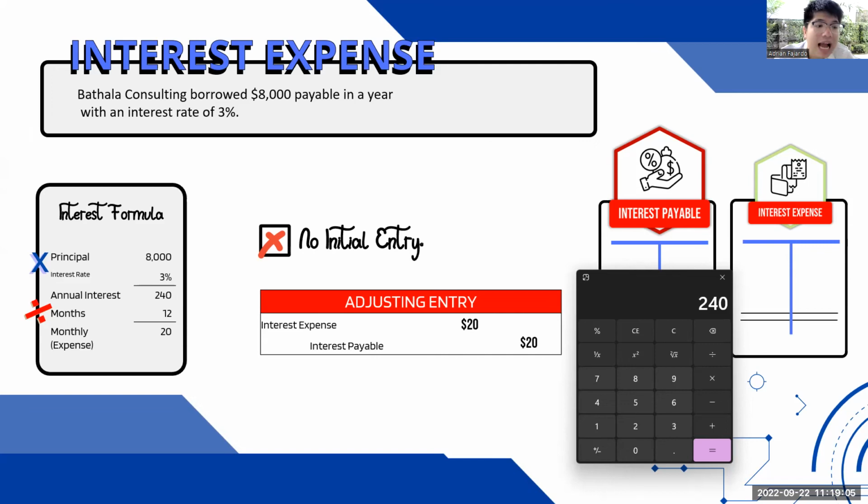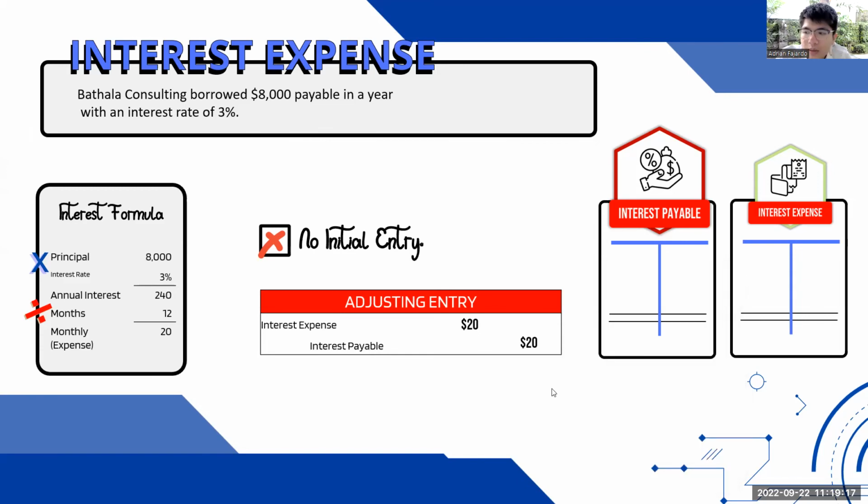Pero we're looking at it from a monthly perspective. So yung 240 mo, we further divide by 12 to get the monthly interest expense of 20. Kaya siya 20. So basically, we debit interest expense, we credit interest payable.